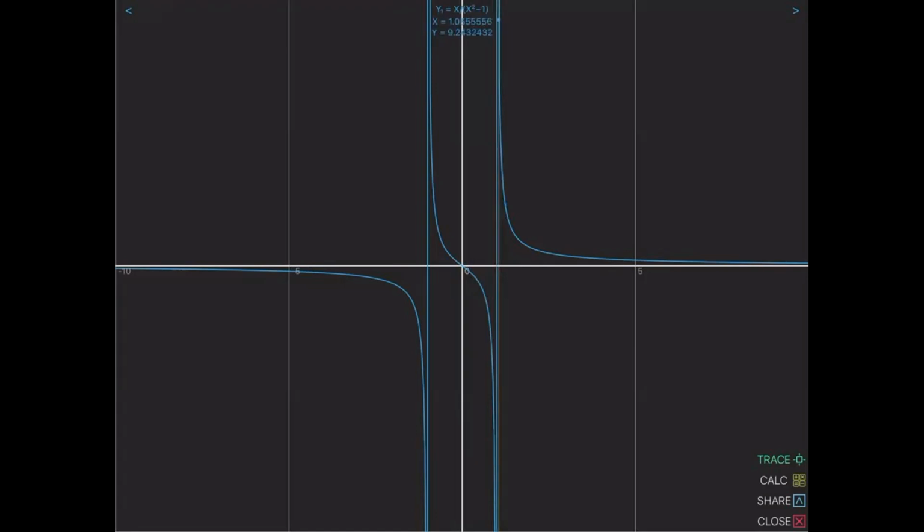Then it hits that second inflection point, and after it has an upwards curve, concave up. So it's concave down before the first vertical asymptote and after the inflection point at 0, and concave up before the inflection point at 0 and after the second vertical asymptote.